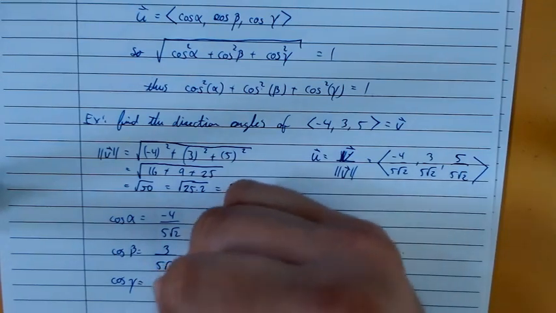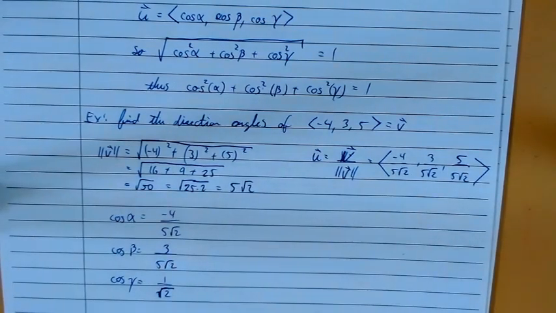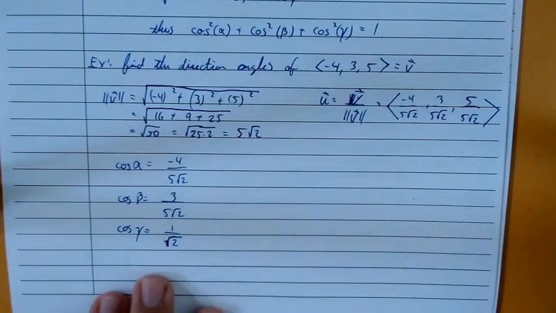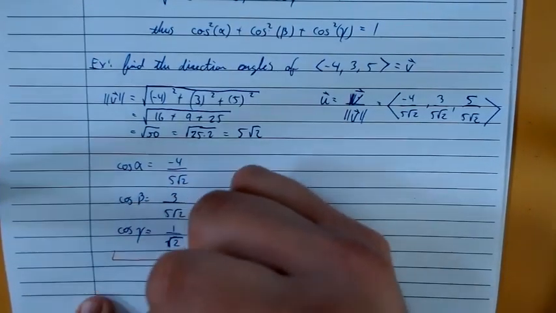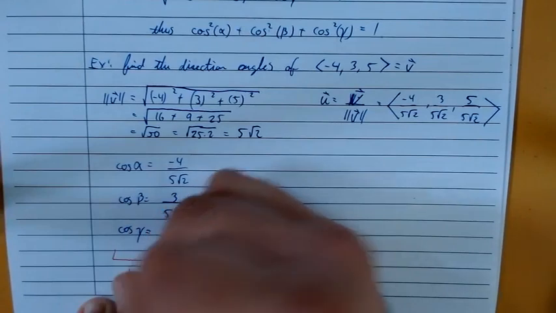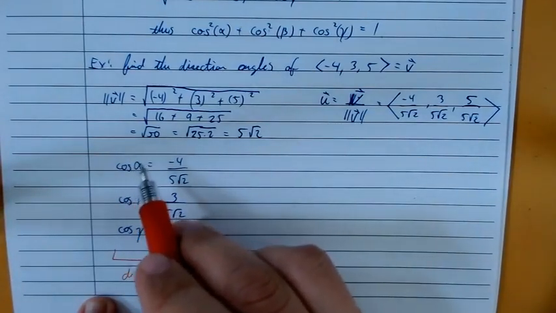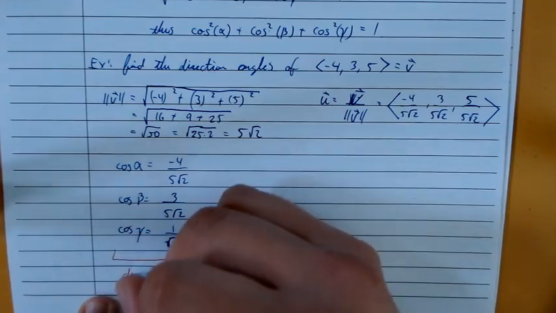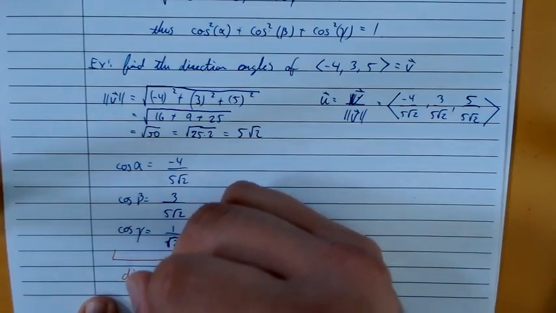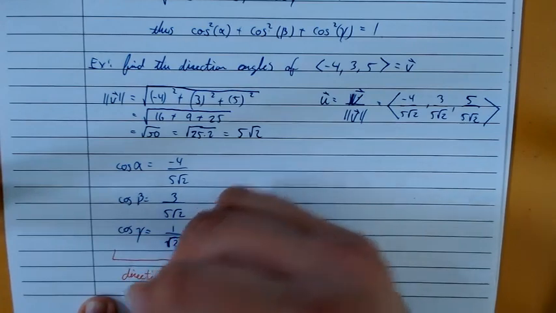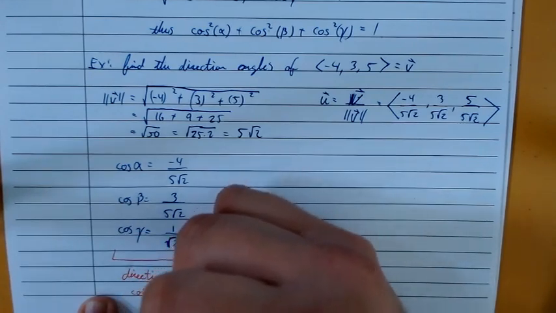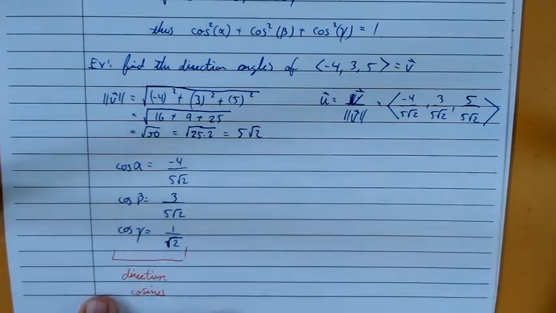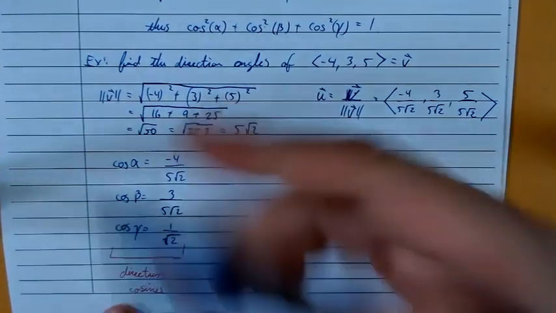That's 1 over root 2. Incidentally, these also have a name. These are called the direction cosines. So if you don't solve for the angles, you just leave cosine of alpha, cosine beta, cosine gamma. These are called the direction cosines, which I never liked the name of, but that's what they're called.